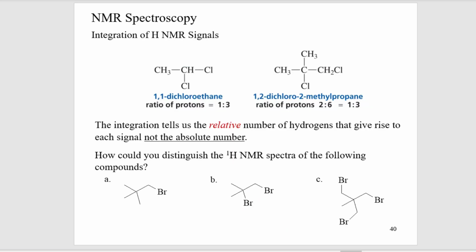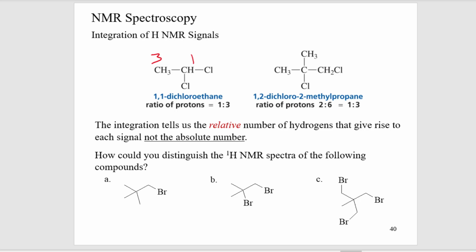This is just more examples showing you that the integration tells us the relative number of hydrogens, not the absolute number. So for instance, in this 1,1-dichloroethane example, the ratio of protons is in a 1:3 ratio, and that's the integral we'll see.